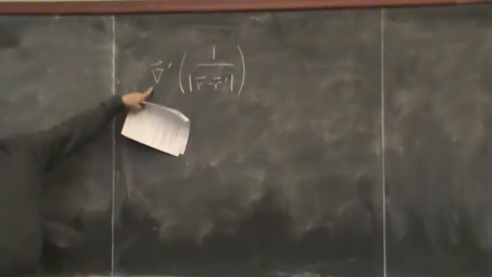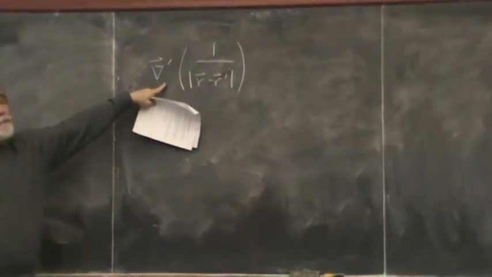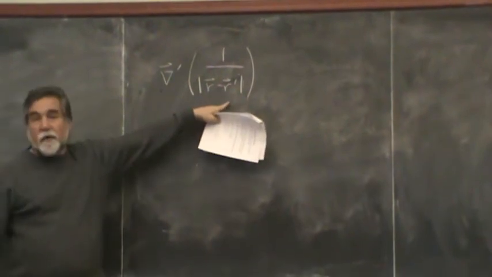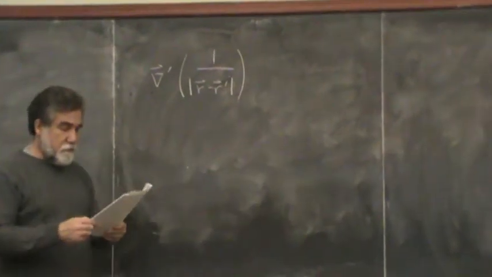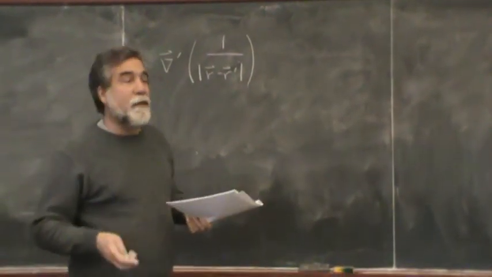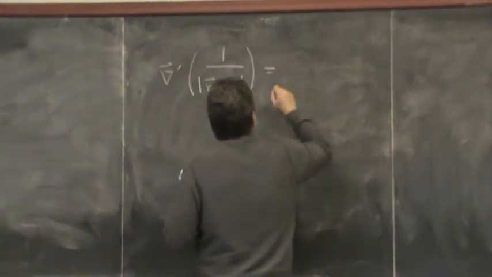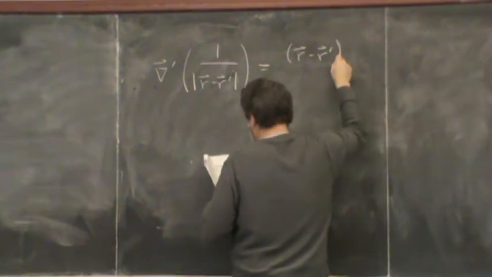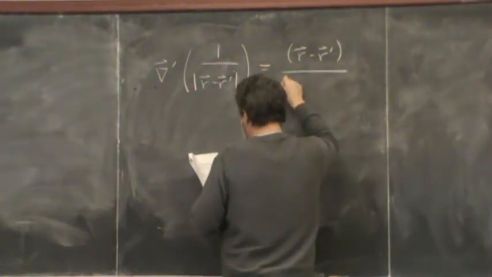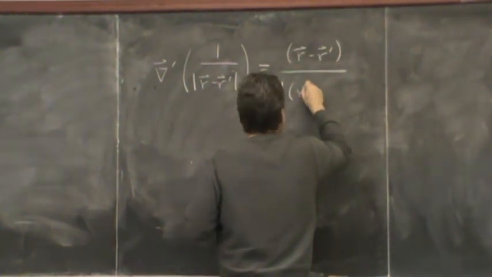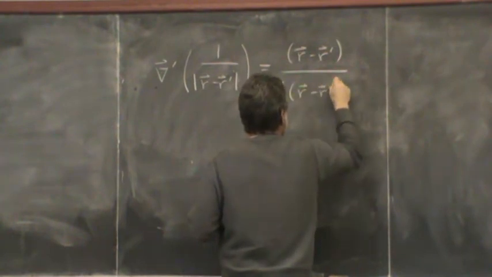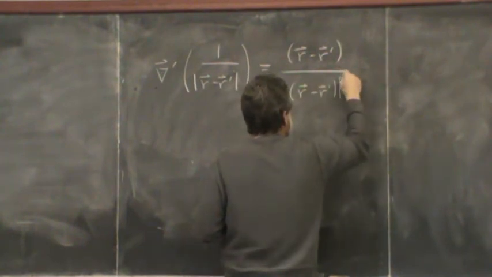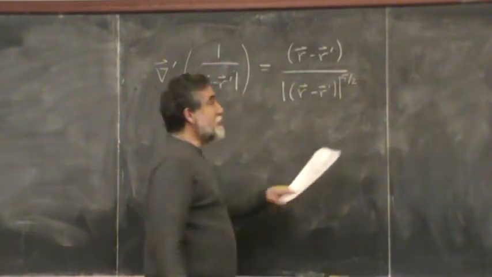I'm taking the gradient in primed coordinates, and there's my prime coordinate over there. If you work your way through that, then that is equal to r minus r prime divided by, it's equal to that.